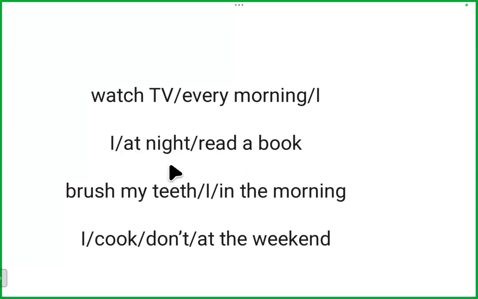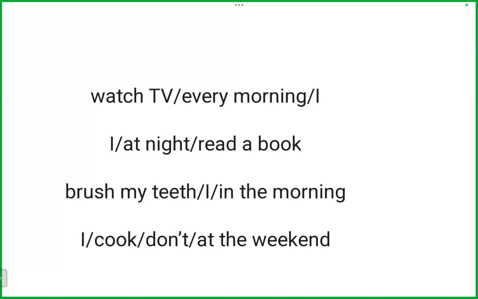I read books at night. Okay, bring it on. Kaden, please, sentence number 3. I brush my teeth in the morning. Okay, it's good for me. And Fatima, please, number 4. I don't cut up in the winter. Okay, thank you very much.